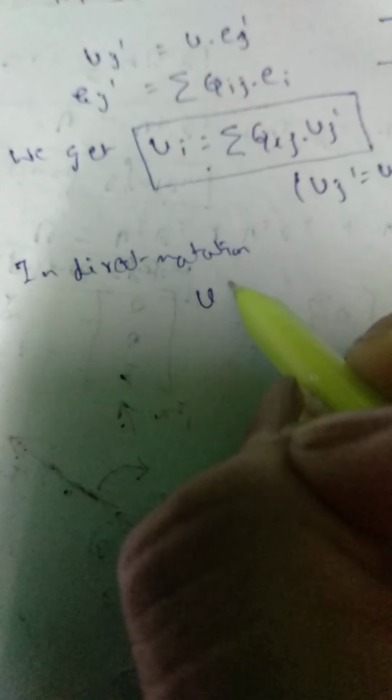So in direct notation you can write V dash, that is the component of vector V in the primed system, equals Q transpose into V. V is the vector in the unprimed system, and this Q transpose is the transpose of the previous matrix Q. We name this equation number 8.